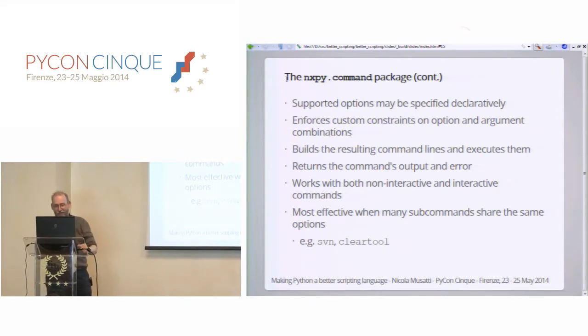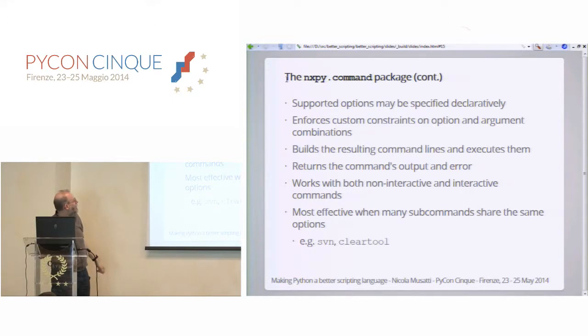As you shall see in a few seconds, it provides ways to specify declaratively the types of options that are supported by your implementation. It makes it possible to express constraints on option and argument combinations. So you can't use this option if you have arguments, or you need to specify arguments for that option, and things like that.